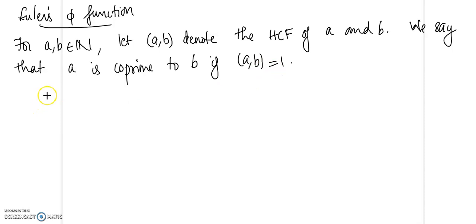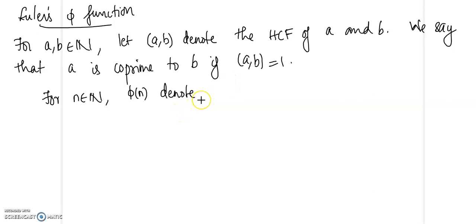And now let us define what is phi of n. For any n belonging to N, phi of n denotes the number of integers between 1 and n which are co-prime to n.